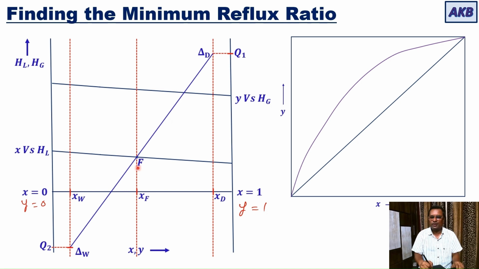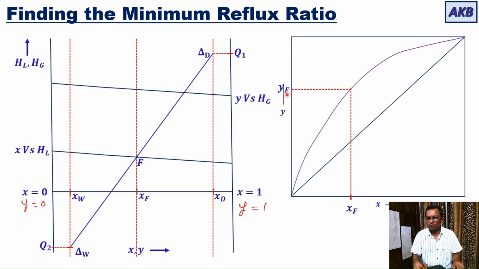That tie line will be passing through point F. So right now you just understand, in order to draw a tie line through F, we need to know the concentration in vapor phase that is in equilibrium with XF. And how are you going to get that? You can get that by using the distribution diagram. So you have to locate XF, then you go to the equilibrium curve and then move on to the y-axis, and here you will read YF.